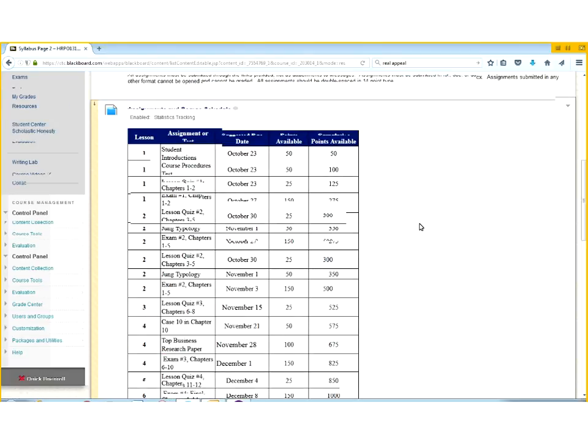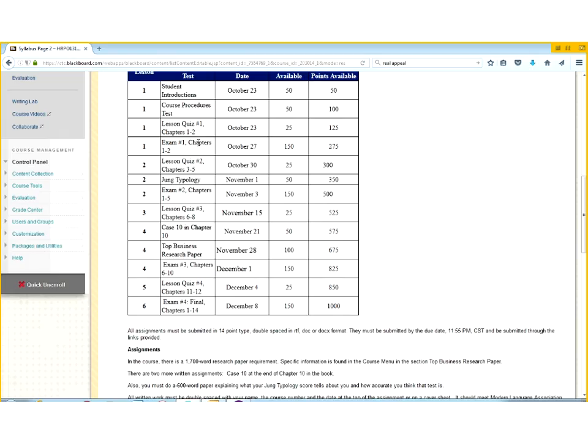So you see each one of the assignments, the exams, the lesson quizzes, the Young typology, again another exam. You notice to the right of those are the suggested completion dates. It would be very good for you, as well as for me, for you to complete those assignments in that time period.